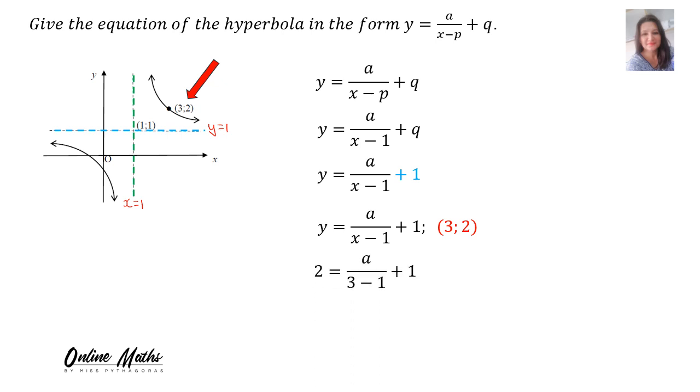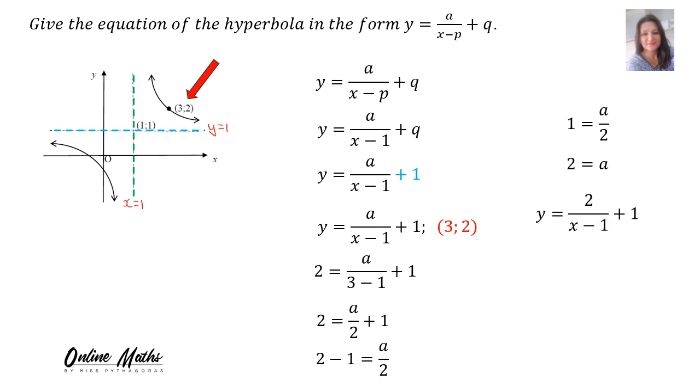Therefore, 2 is equal to a over, in x's place, 3 minus 1, plus 1. Then, under the line, 3 minus 1 is 2, and then we can take the 1 across. 2 minus 1 is 1, is a over 2, solve a, therefore a's value is 2. And then your equation is y is equal to 2 over x minus 1 plus 1.